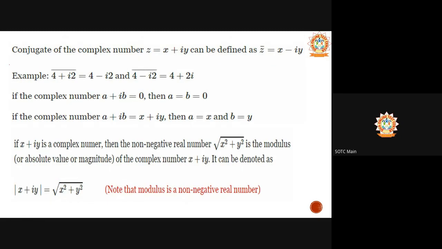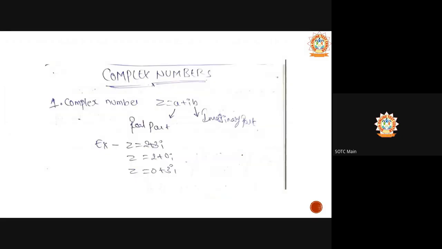Now see the conjugate of a complex number. We will see these things in the next slide. The complex number is z equal to a plus ib. This is the real part, this is the imaginary part. Now see, if z is a complex number given by z equal to a plus ib, then the conjugate of z is denoted by z bar or z star, z asterisk, and is equal to a minus ib.